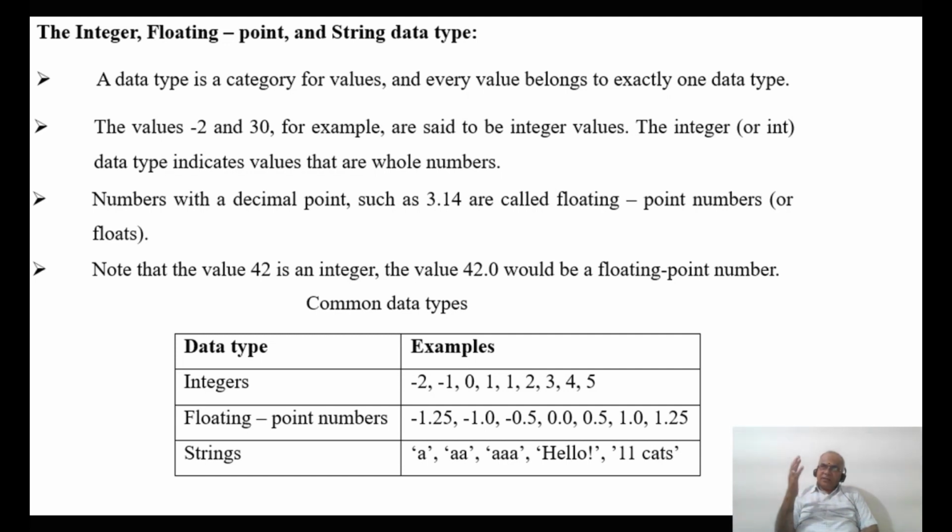All numbers with a decimal point are floating point numbers. And we can also use a string, for example within single quotes 'A', 'AA', 'AAA', 'hello', and '1 cats', whatever you want you can type. Within single quotes, it is called a string.